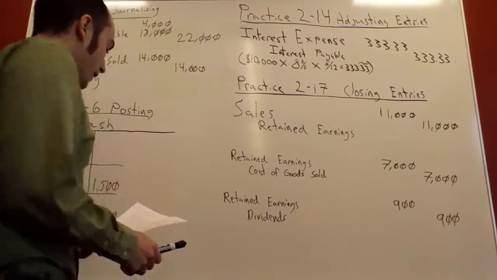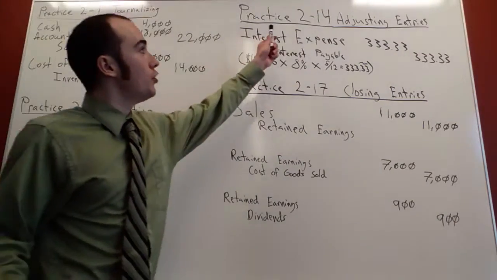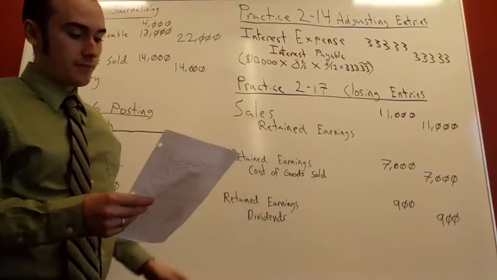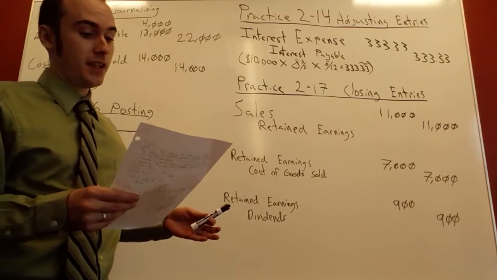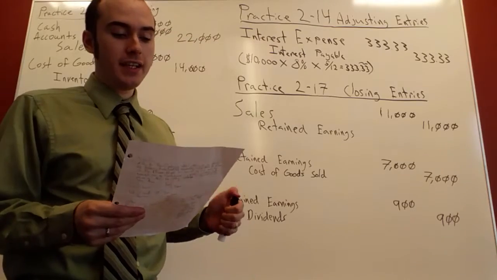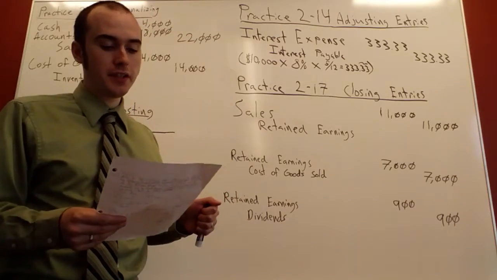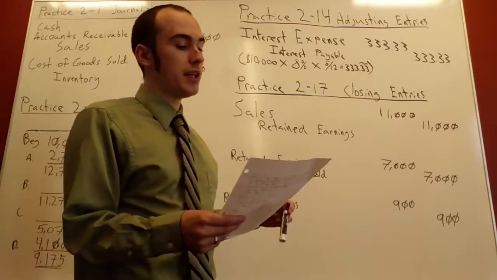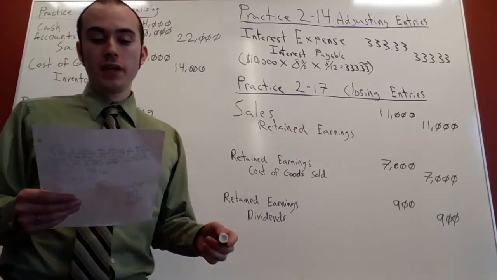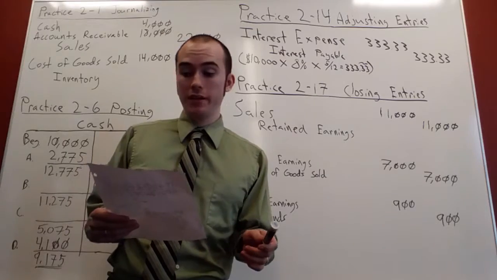Okay, next up, practice 2-14, adjusting entries. Let me give you the scenario. Make the adjusting journal entry necessary at the end of the period in the following situation. On August 1st, the company borrowed $10,000 under a 1-year loan agreement.